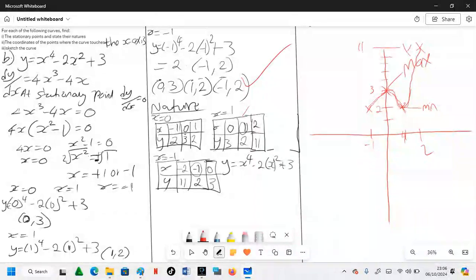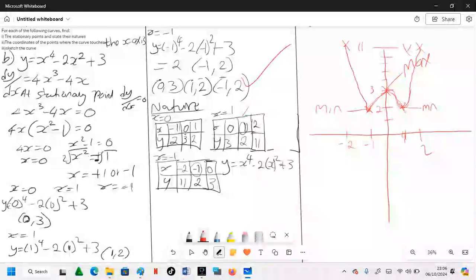There is negative 2. We have a negative 2 here. And 11 is somewhere there. Then we have a negative 1, 2. Negative 1, 2 is there. And then a 0, 3. So it's coming like this. Right. So this one is also a minimum.